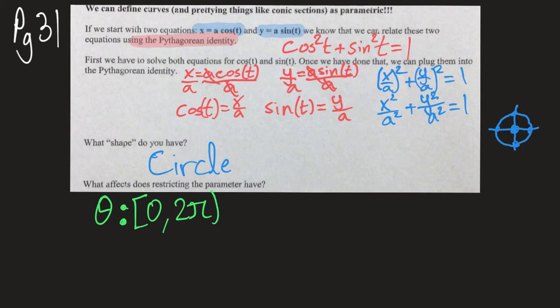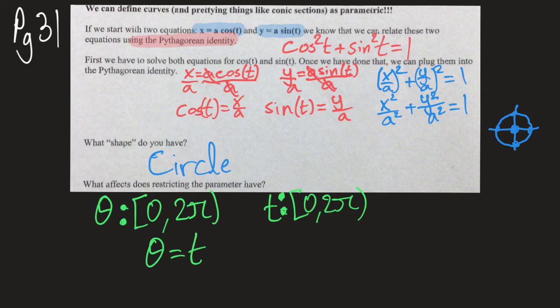Now, in this case, our theta is going to equal t. So we're going to restrict our t from 0 to 2 pi in order to just draw a circle.